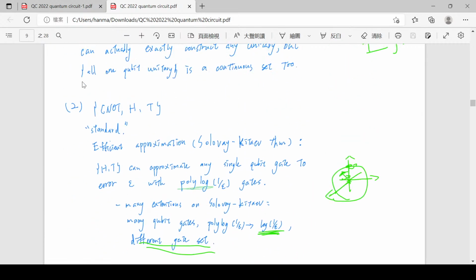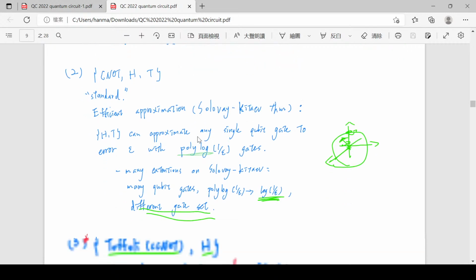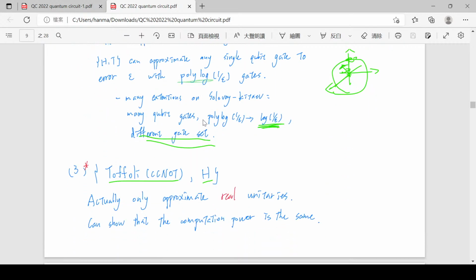The most standard one is CNOT, Hadamard, and the T gate, and it's quite cool. We will probably skip this because it takes a lot of time and we don't talk too much about algorithms, but it's a cool story you can check out in the book, and we will also post a slide corresponding to this, but we'll not spend time on the details.